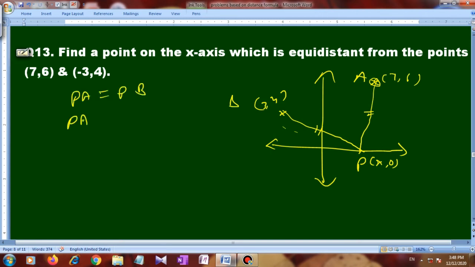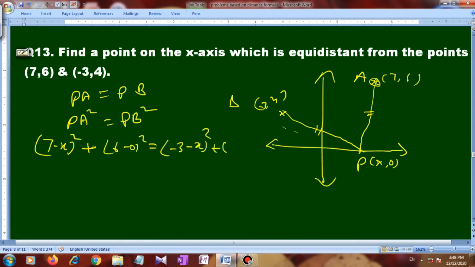So this implies that PA square equal to PB square. PA square will be 7 minus x whole square plus 6 minus 0 whole square, equal to PB square, which is minus 3 minus x whole square plus 4 minus 0 whole square.